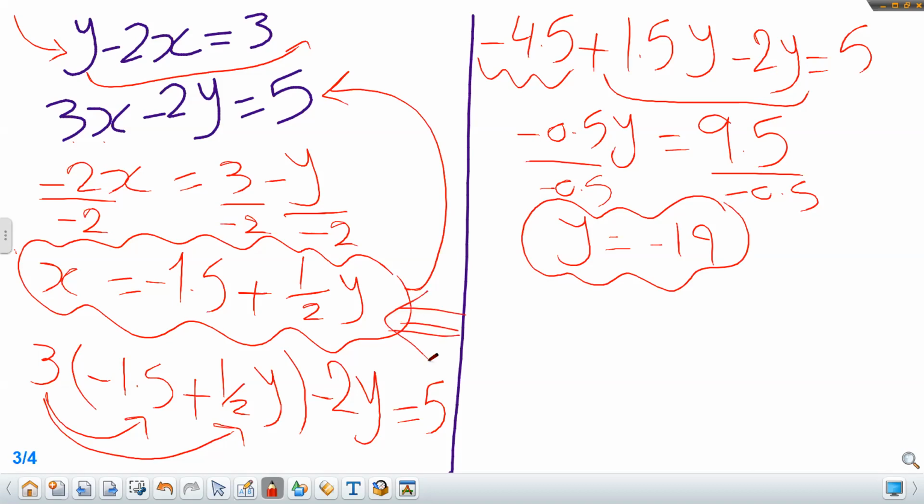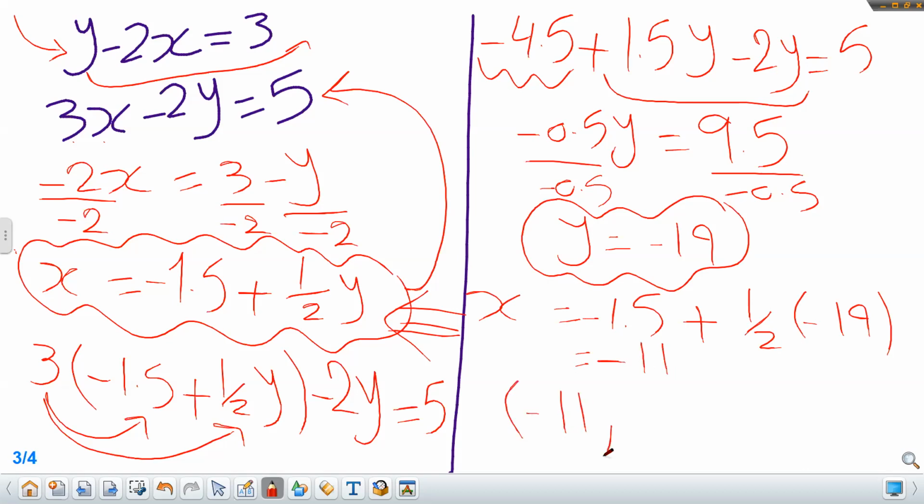Then x equals negative 1.5 plus half times negative 19, to be negative 11. Then the solution is (negative 11, negative 19).